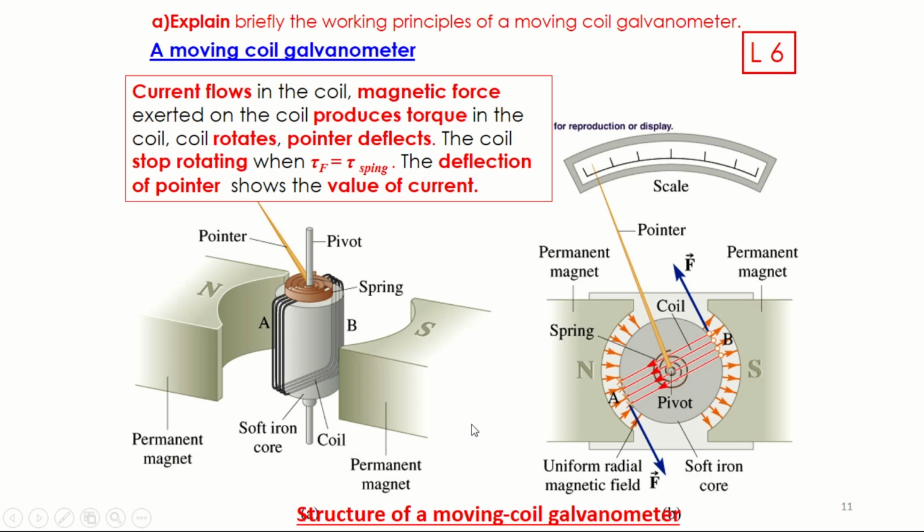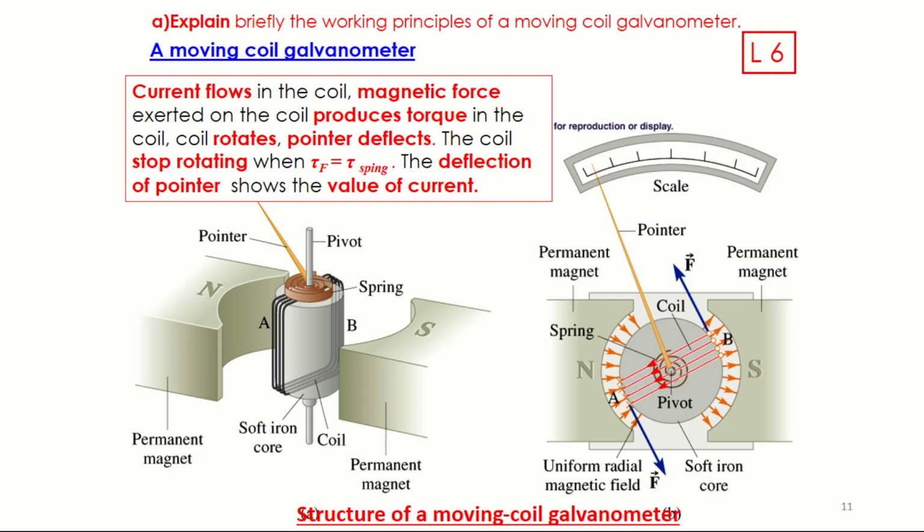The coil is placed in a radial magnetic field so that no matter what position it turns to, the plane of the coil is always parallel to the magnetic field. The basic operation of the galvanometer uses the fact that a torque acts on a current loop in the presence of a magnetic field.